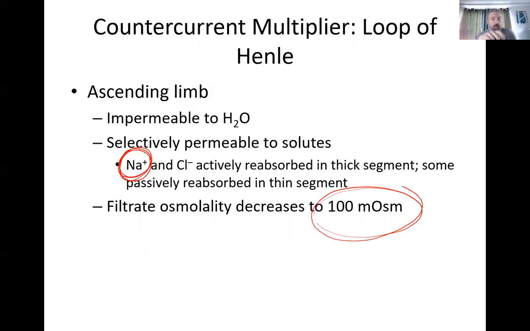Now, this doesn't make a whole lot of sense, right, unless you've seen the rest of this part. We're deconcentrating, I guess. We're making it more dilute, okay?